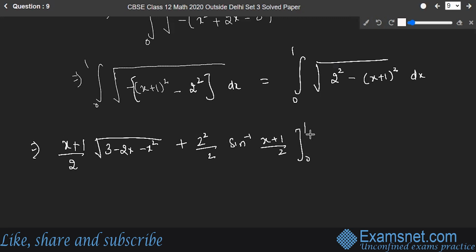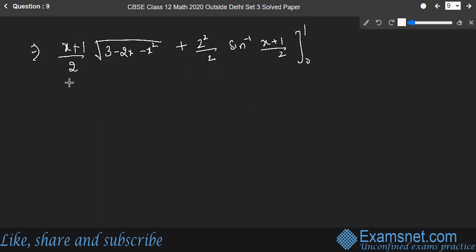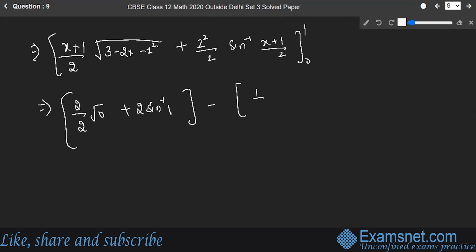Limits are 0 to 1. So now I'm going to put in the limits. This will be 2 upon 2 root of 0 plus 2 sine inverse 1, minus 1 by 2 root of 3 plus 2 sine inverse 1 by 2.